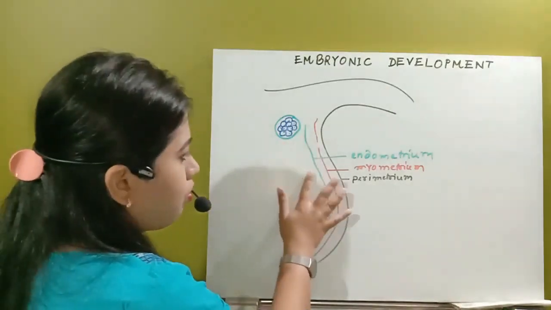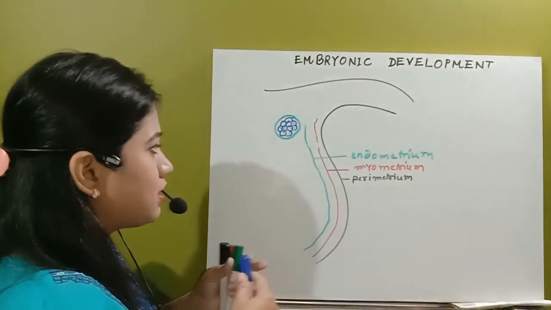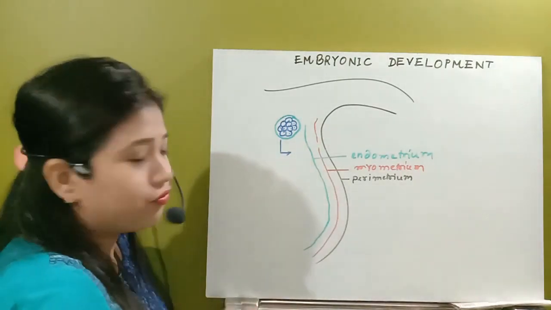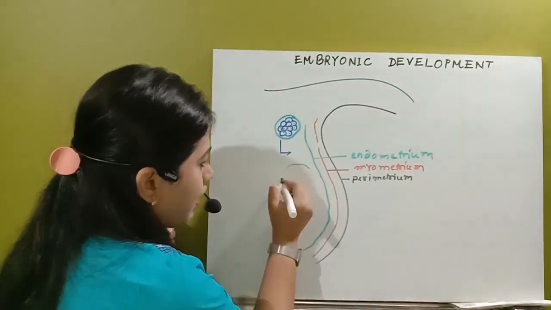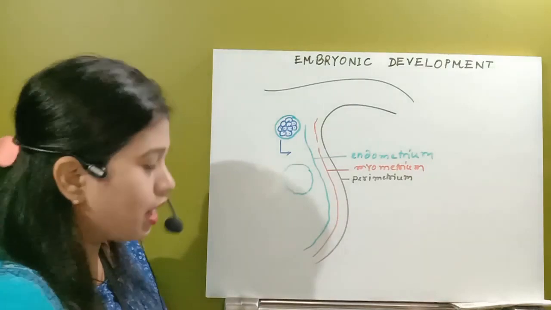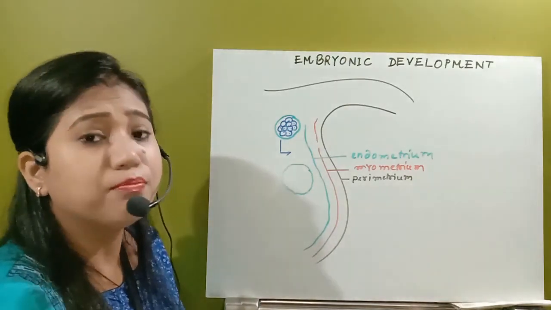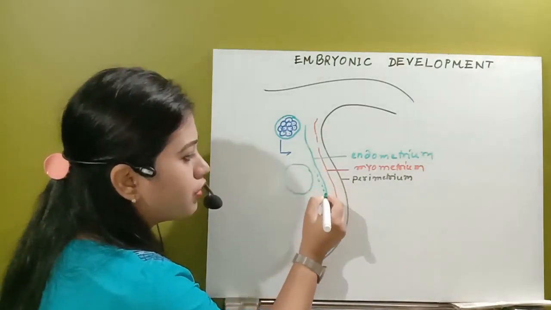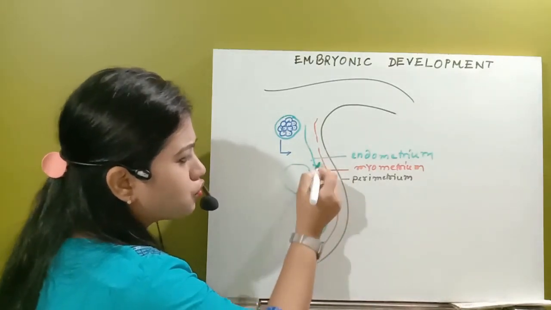So whenever this morula is coming towards the endometrium, locally an edema will be formed. Edema means a local swelling will occur in the endometrium.